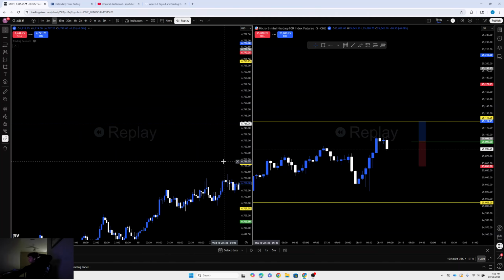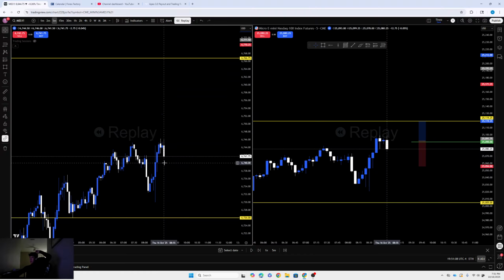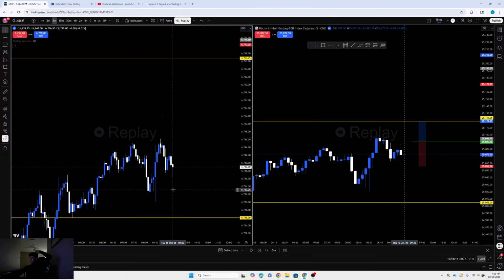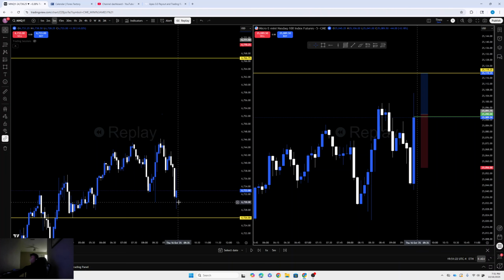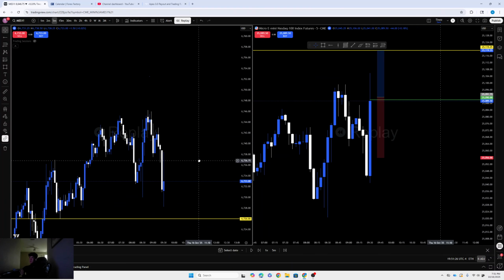Going at the market open, we instantly get an up candle and instantly form an S&T.